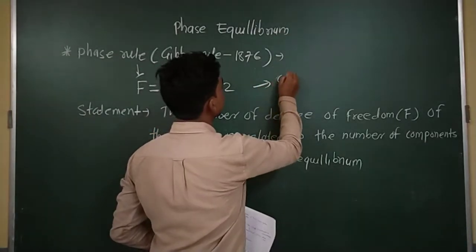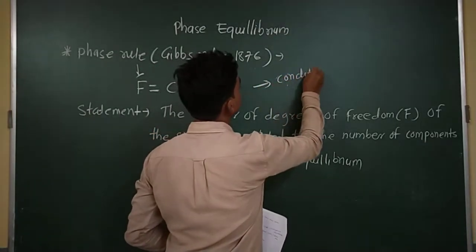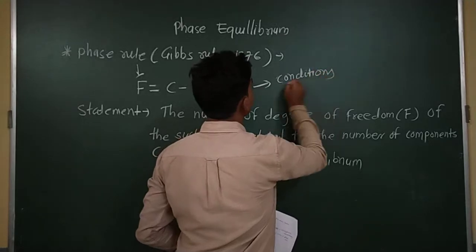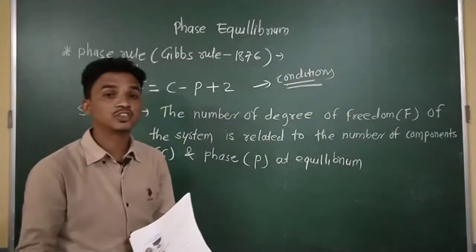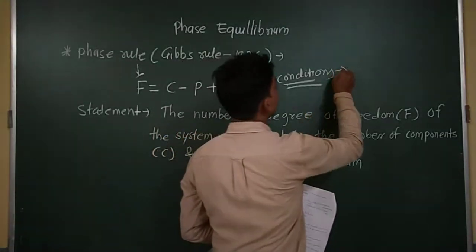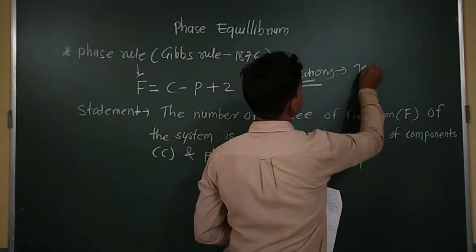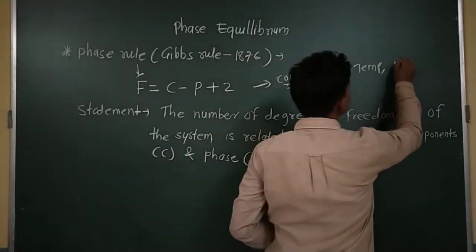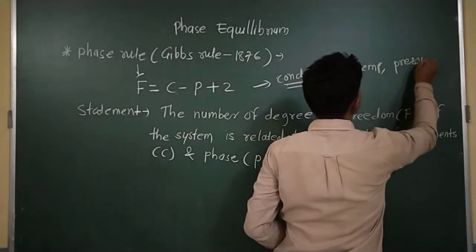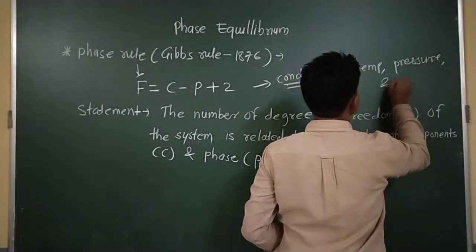Here are the conditions: the minimum number of variables. Variables means what? We can change the temperature, pressure, and concentrations.